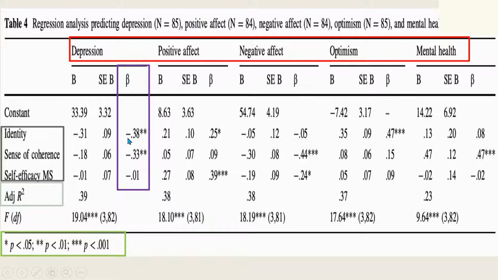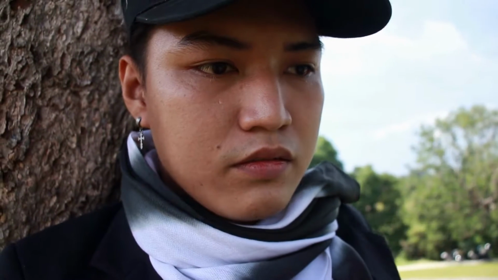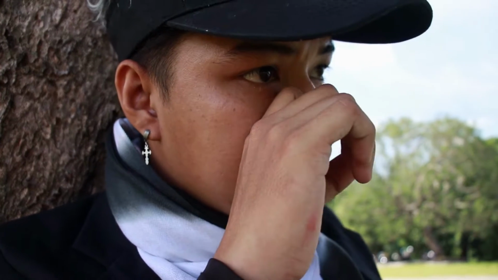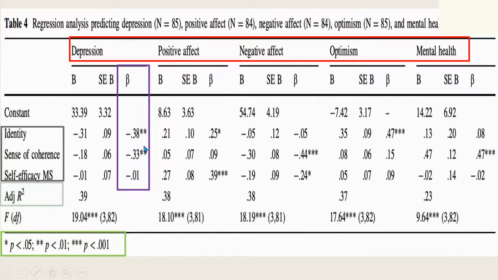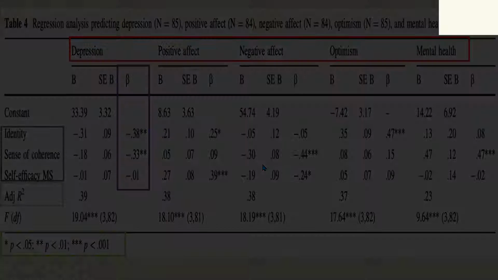And that makes sense, right? We have to not only look at the numbers, but actually apply this in practical terms. So if you have greater rates of depression, then your sense of identity is likely to be lower, and vice versa. Looking at the strength, it's about moderate in terms of the beta coefficient. So these are the elements that you want to be bringing out in your interpretation of this model.